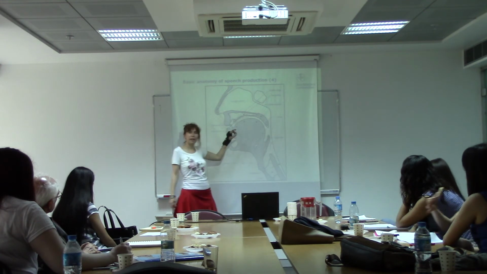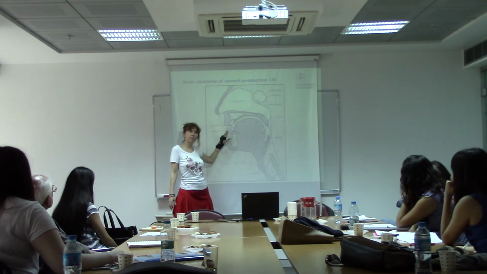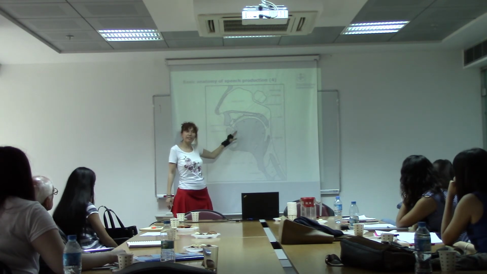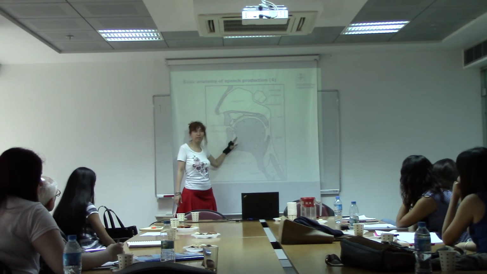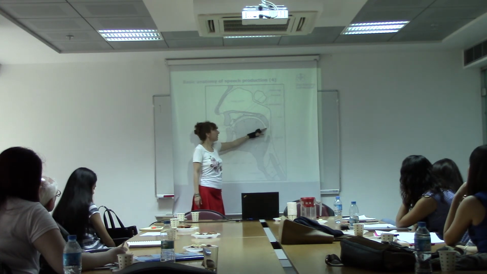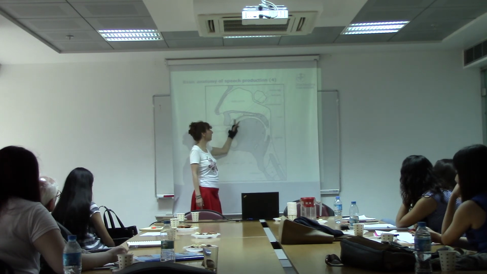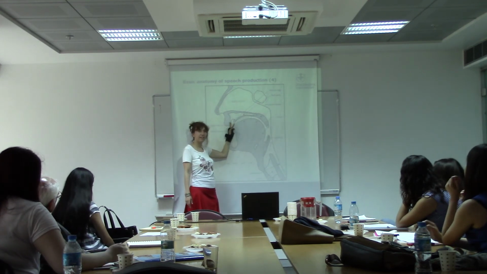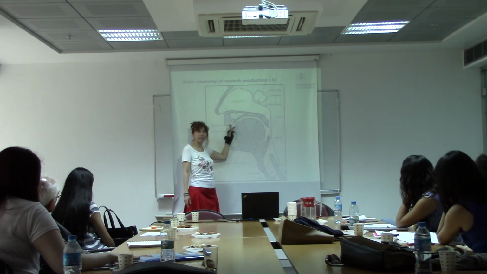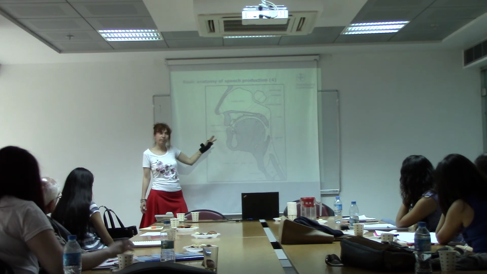Suppose it goes into the mouth. Does it flow freely, like for vowels? Or is there any kind of obstruction? That's for consonants. And all of the places that I mentioned, the uvula, the soft palate, the hard palate, the alveolar ridge, the teeth, the lips, they're all places of articulation.